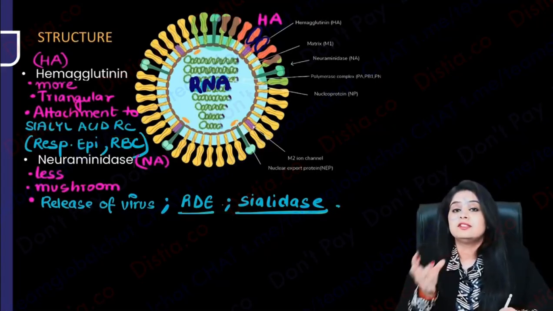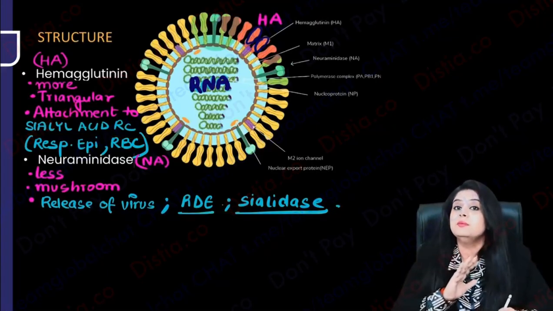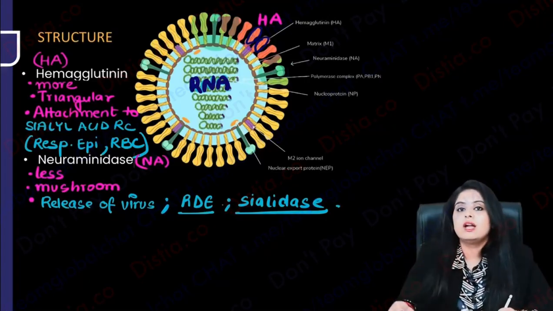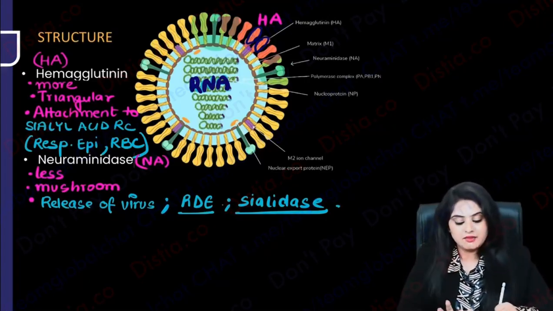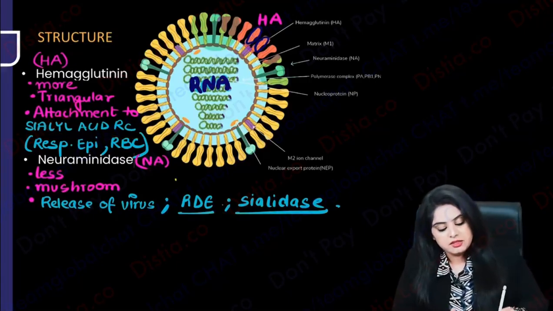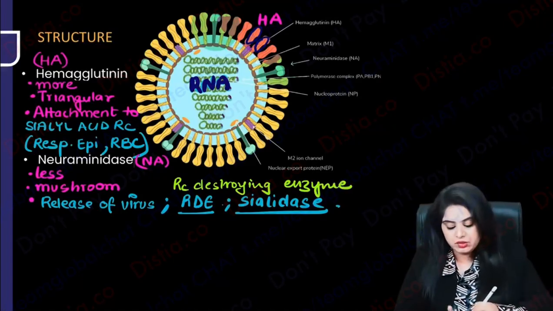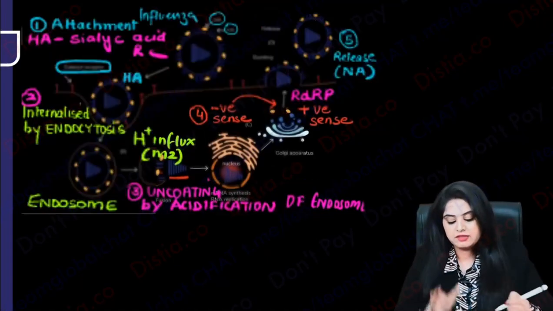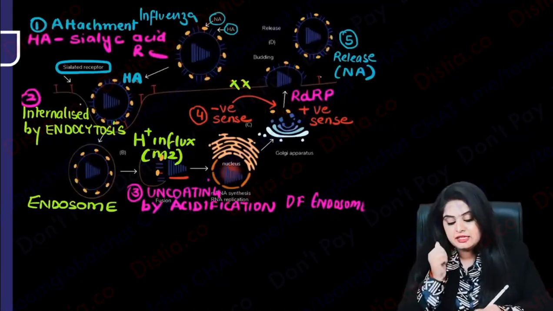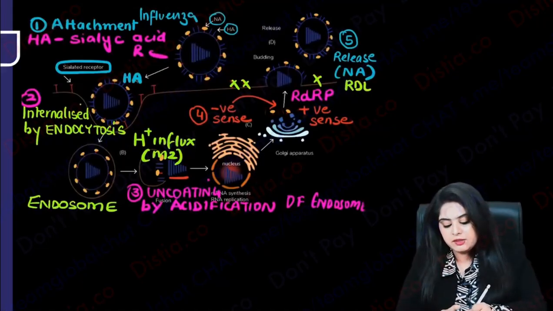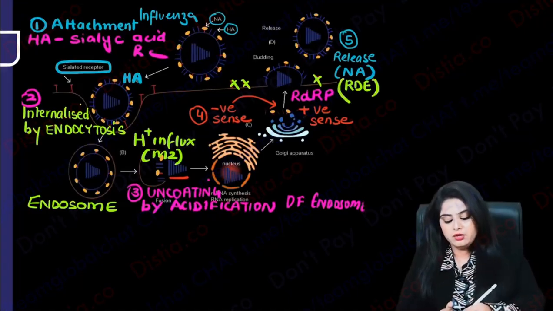The sialic acid receptor will be broken, so that you can't attach again to that particular cell. That is why I call it a receptor destroying enzyme. Neuraminidase is referred to as a receptor destroying enzyme or sialidase, so that these receptors are destroyed.